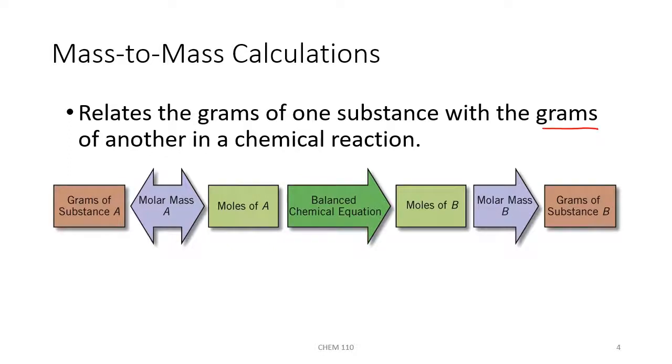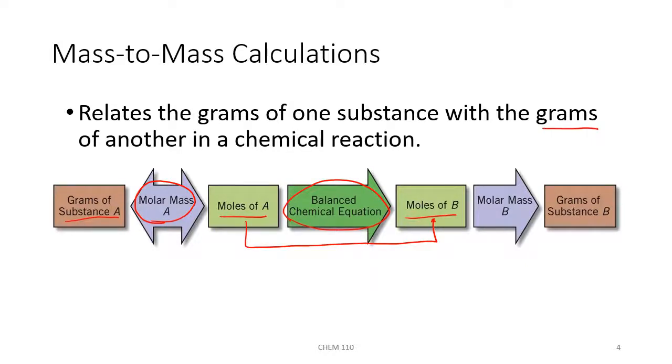So the pattern will usually look something like this. We'll start with the grams of some substance, whether it's a reactant or product. Then we'll have to use or calculate the molar mass of that substance to convert into units of moles. Once we're in moles, then we can use our balanced chemical equation, or balance it if we need to, in order to convert from moles of one substance into moles of another substance.